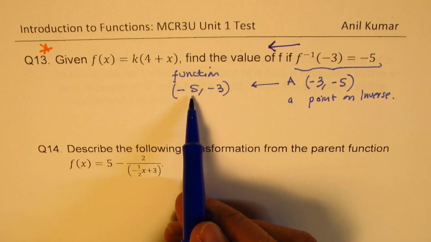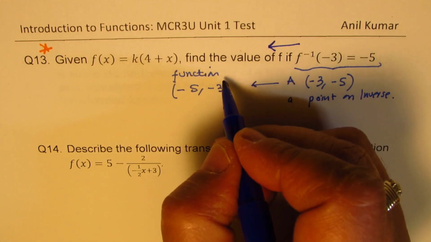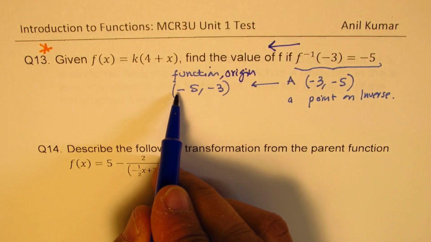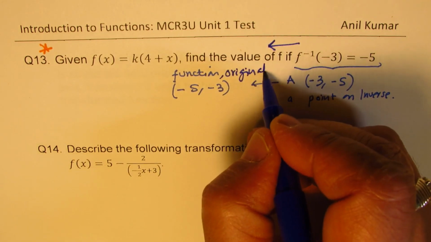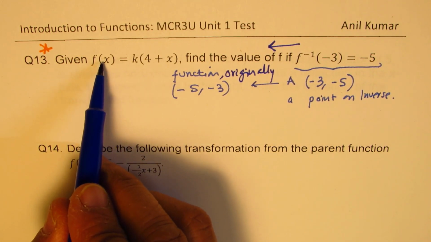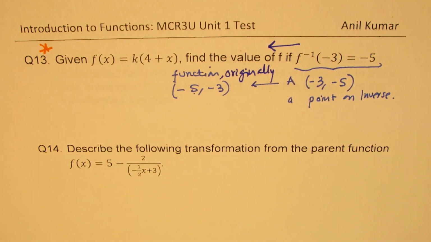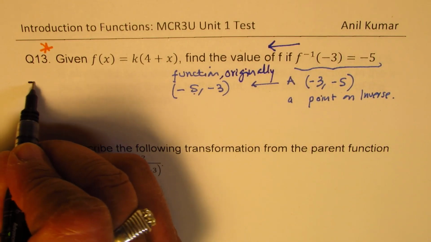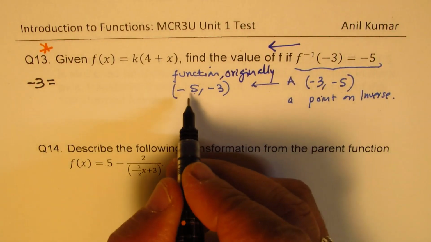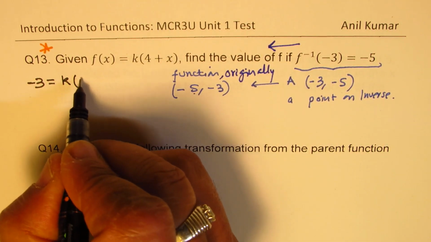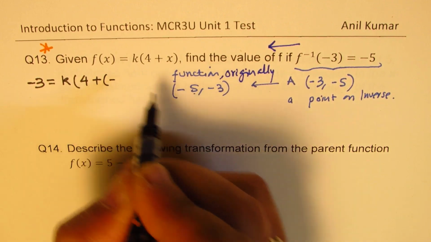So the original point on the function has x equal to minus 5. That means if I substitute minus 5 for x, I should get minus 3. So minus 3 is equal to k times 4 plus minus 5.